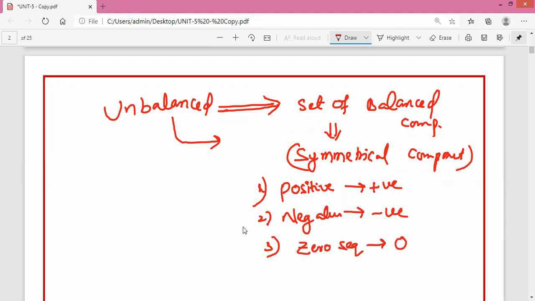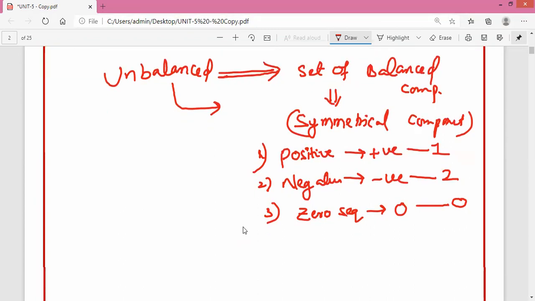These three are the set of balanced components, and these three are used for representing the unbalanced parameters. Every time we represent with suffix 1, it is the positive sequence component. With suffix 2, it is called a negative sequence component. With suffix 0, these are zero sequence components.